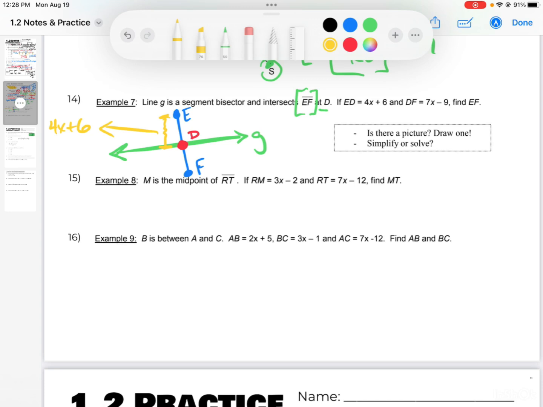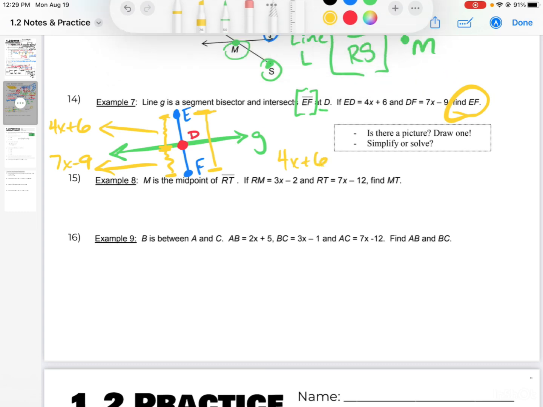And DF, from here to here, is 7x minus 9. And it asked me to find EF, the whole length of the segment. So I have these two parts and I want to find the whole thing. So what I do is I take the two parts and I add them together.